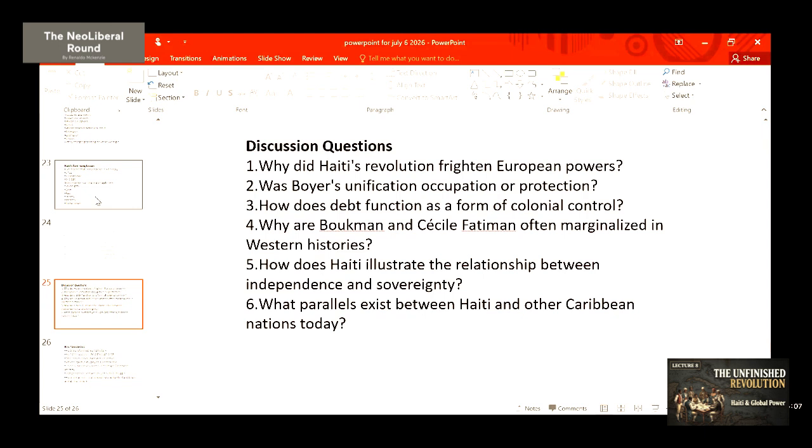Anyways, Haiti's revolution has also been misread through European eyes. C.L.R. James, we said earlier, and Hopeton pointed that out too. James elevated Toussaint Louverture as a central figure. And Toussaint was indeed brilliant, but the Haitian Revolution was not the work of one French-trained military mind.